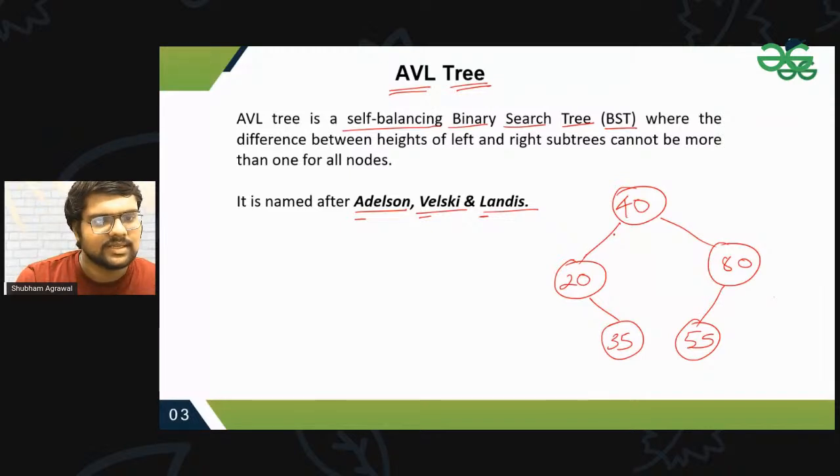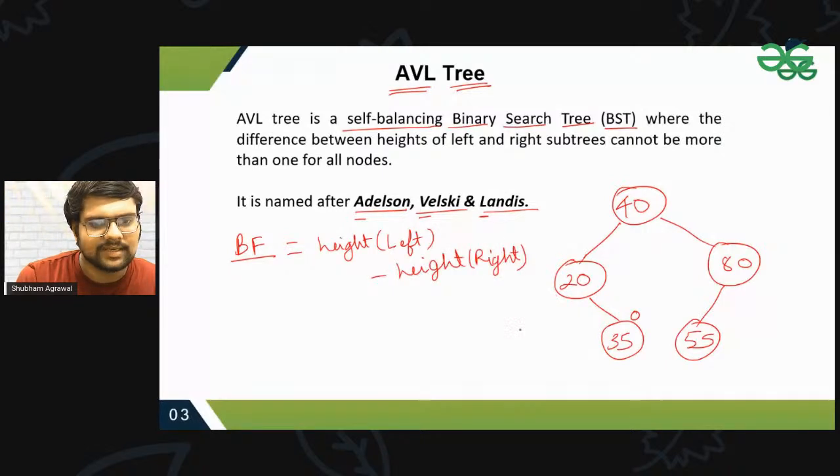Here the balance factor of this leaf node is 0. We will study balance factor in detail later, but the balance factor is the height of the left subtree minus the height of the right subtree. Here there is no left subtree, so it is 0, and on the right it is 1, so 0 minus 1 is minus 1.